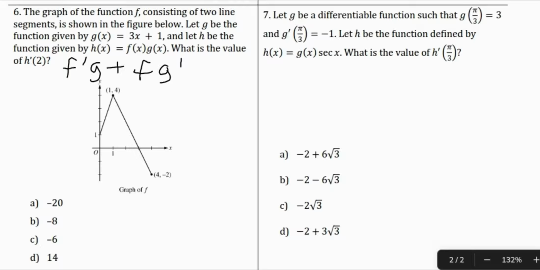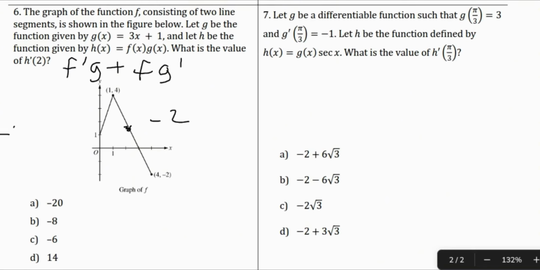So finding f prime of 2, we have right here. To find that derivative, it's just a simple slope from 1 to 4. To find that value, we just go 6 down and then 3 right. So that means that the value of the derivative is equal to -2.